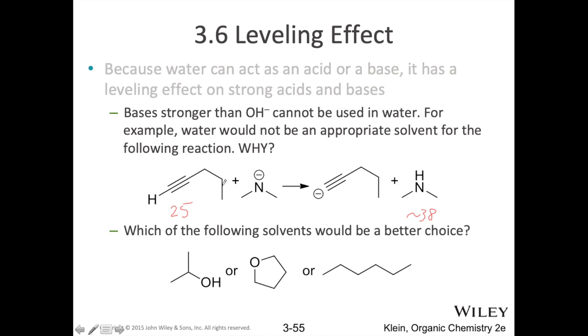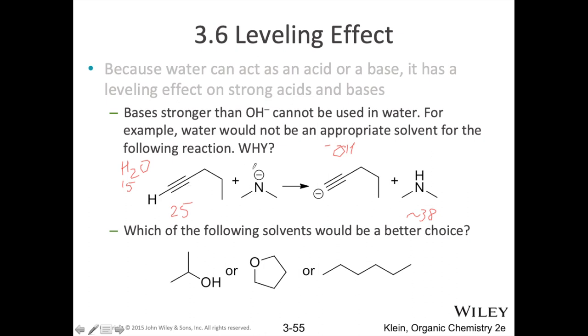But keep in mind that if you did this in water, and water were present and were to act as an acid and give you hydroxide, it would donate its proton to your amide. Again, you still have the same problem. Water has a pKa of about 15, or like 14.7, somewhere in that ballpark, and it's going to donate that proton to your amide even more readily than your alkyne.